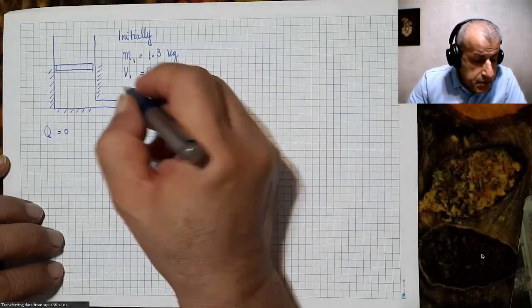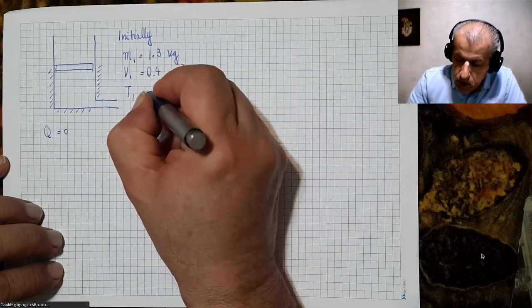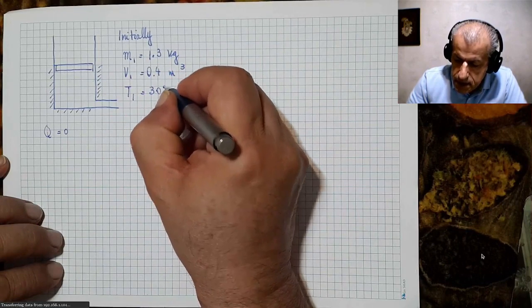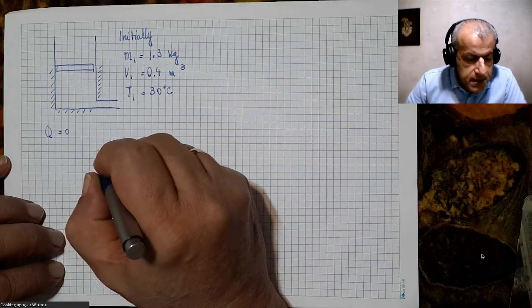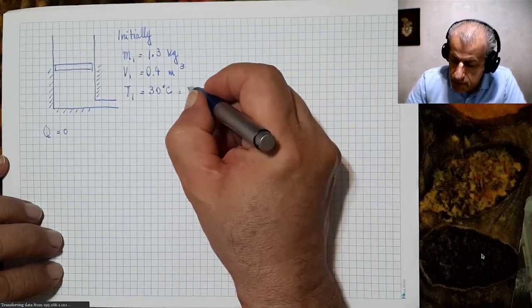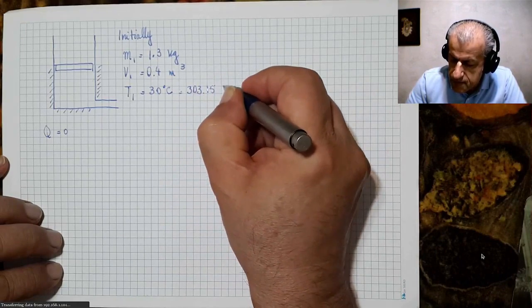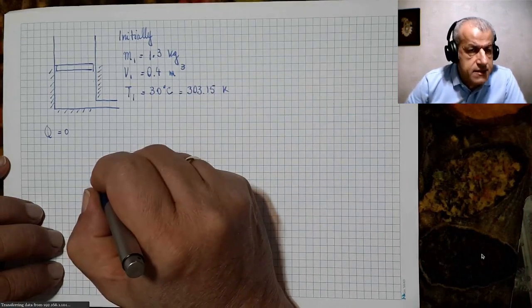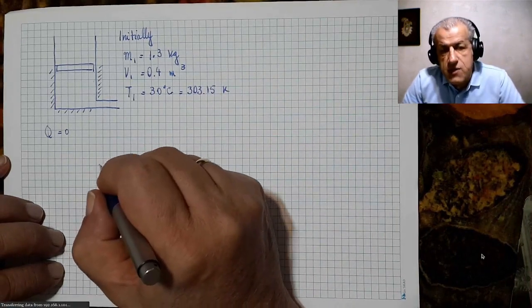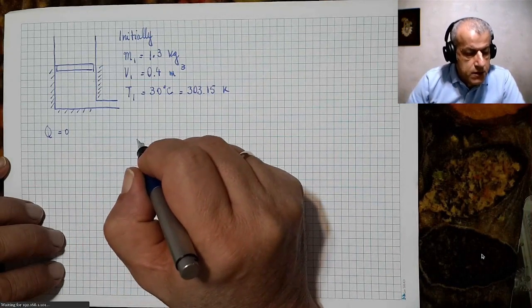Now, the initial temperature is 30 degrees C, so T1 equals 30 degrees centigrade, which of course is equivalent to 303.15 kelvins. That's the number that we shall use in our calculations.